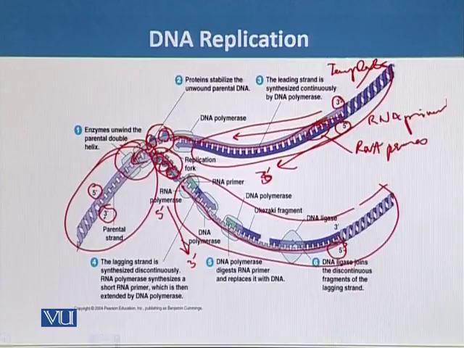And once the primer is added to the DNA, the DNA polymerase will act on these RNA primers and will start replicating the strand into the double strand. That is why in this strand we can see small fragments that are replicated, but in this strand we see a continuous fragment that is being replicated by DNA polymerase.